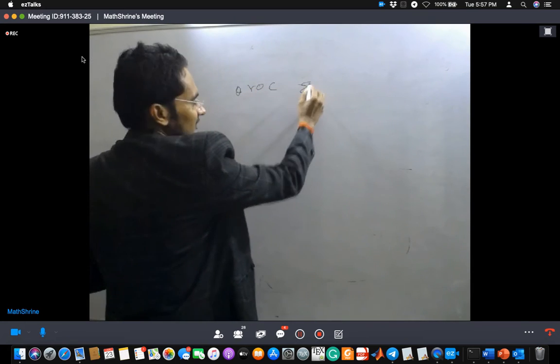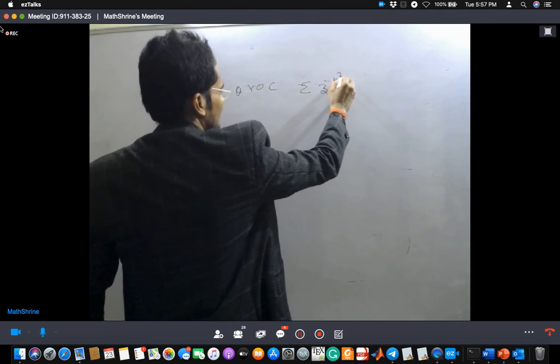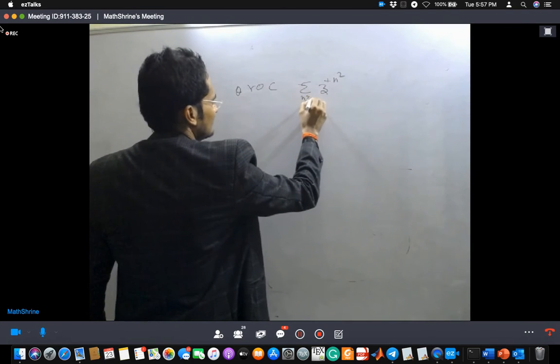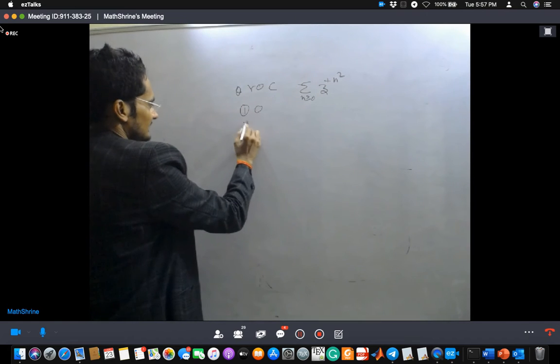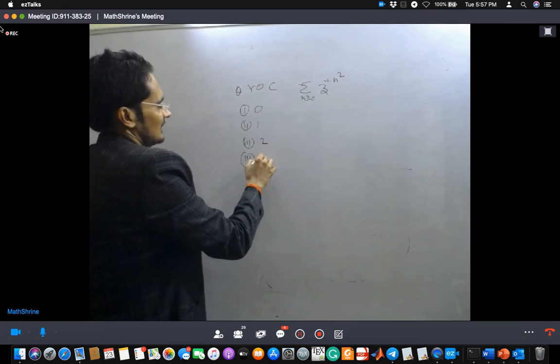Okay, so another question is: the radius of convergence of the series z raised to the power minus n square plus n square, n greater than or equal to 0. The first option is 0, the second is 1, the third is 2, and the fourth is infinity.